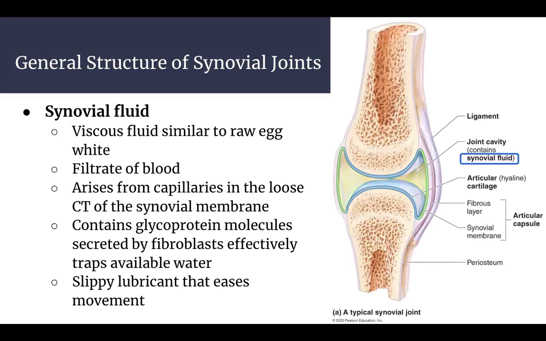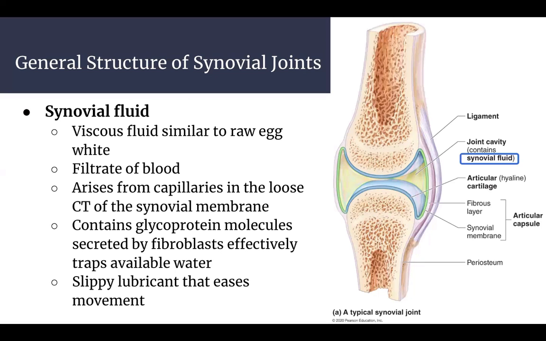So synovial fluid is a viscous fluid. It is similar in consistency to raw egg white. It's actually a filtrate of blood, and it arises from capillaries in the loose connective tissue that we find here in the synovial membrane. So this is an unusual membrane.